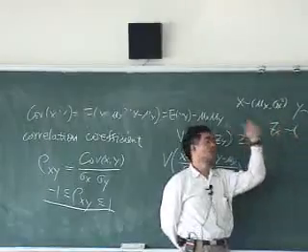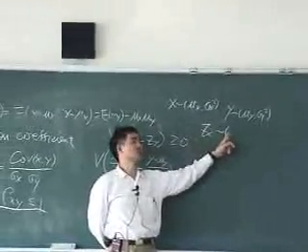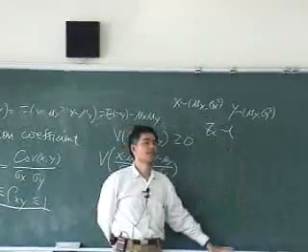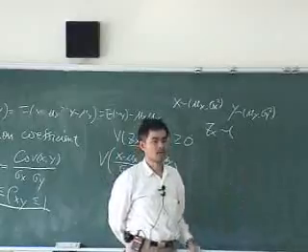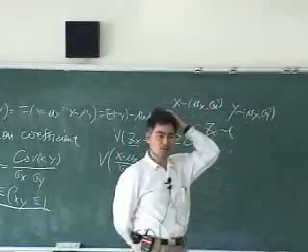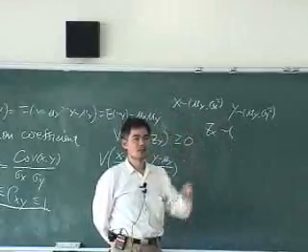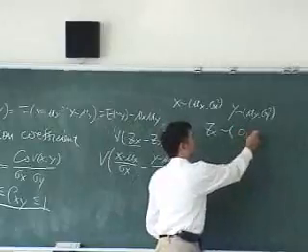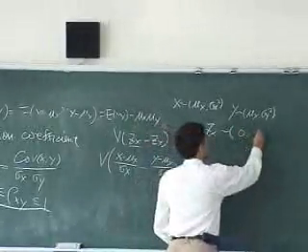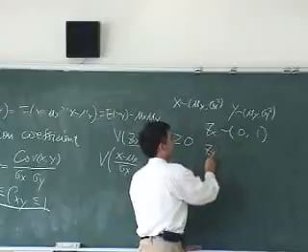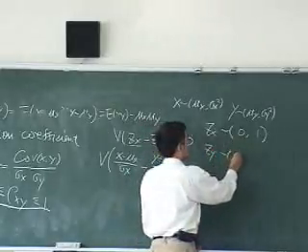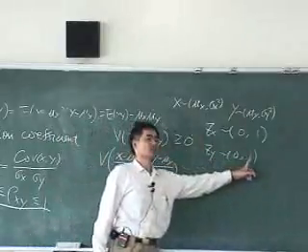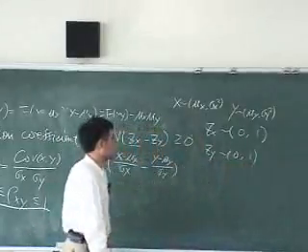The mean of zx is 0, and the variance is 1. This should be in your mind. Then zy also has mean 0, and variance also equal to 1.